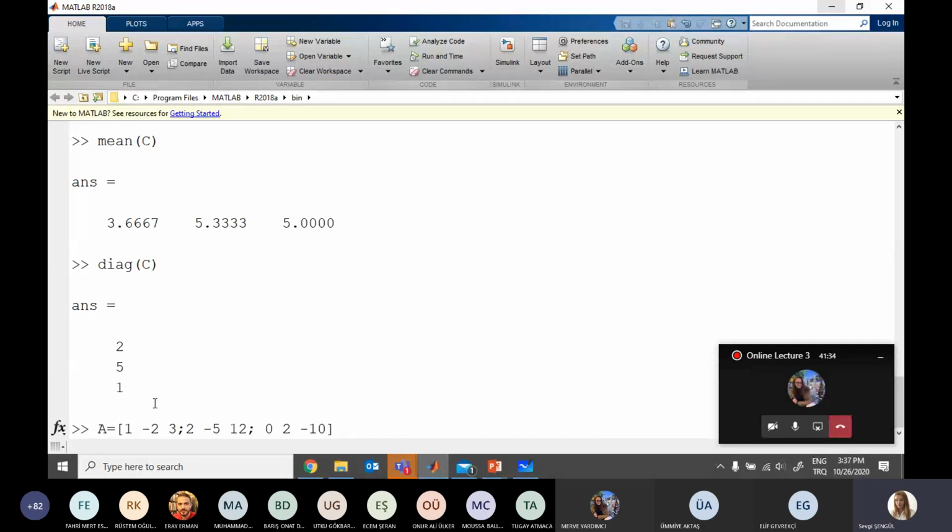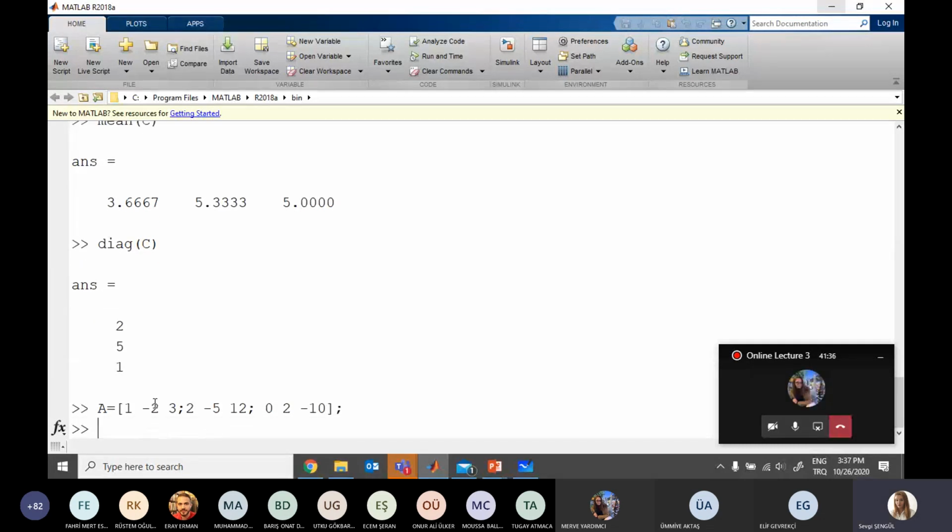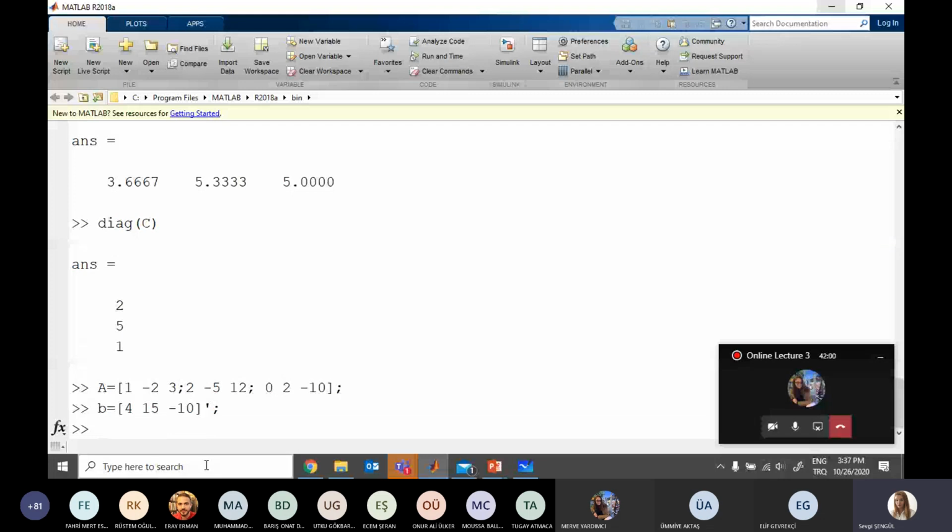As you remember, if I put a semicolon, I will not see the output, but A is still attached to this matrix. Let's define B. I don't want a messy workspace, that's why you can use a semicolon to hide the output. B is a column vector because I put a transpose there, right?